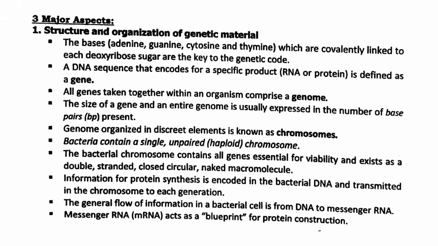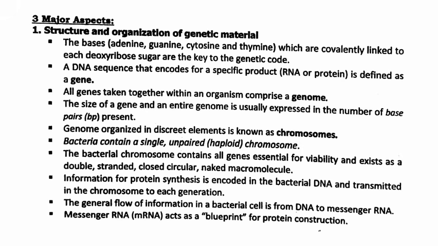First is the structure and organization of the genetic material. Typically, the genetic material of bacteria is composed of bases: adenine, guanine, cytosine, and thymine, which are covalently linked to each deoxyribose sugar, which are the key to the genetic code.